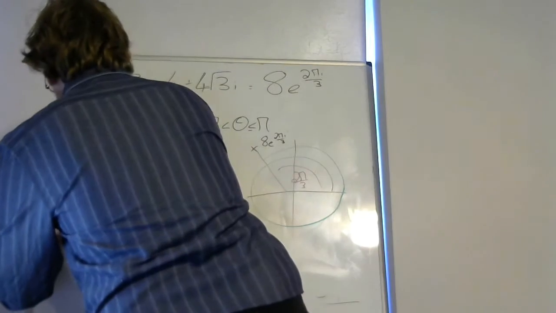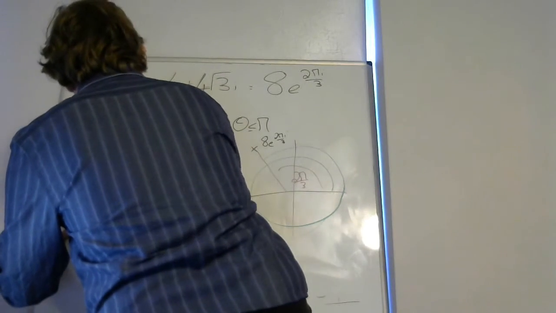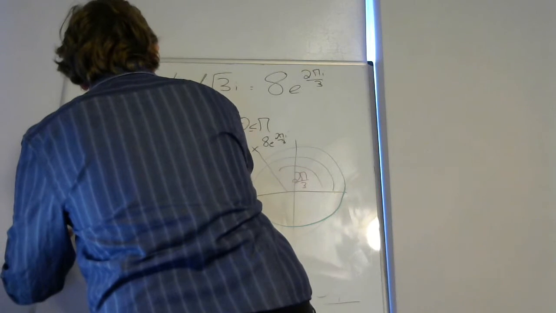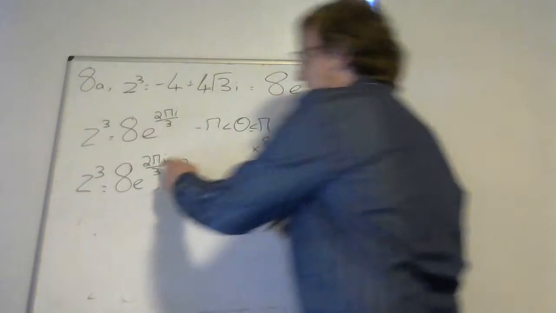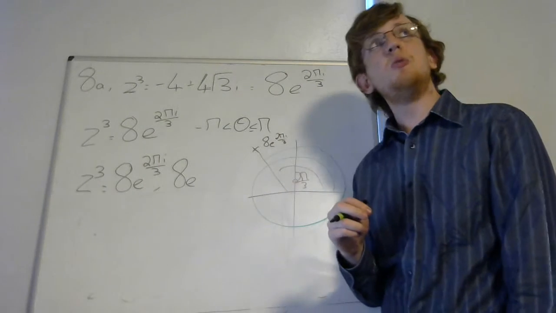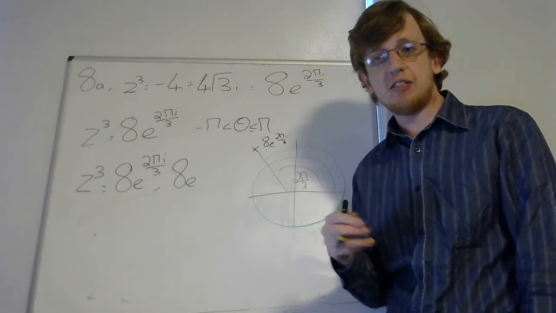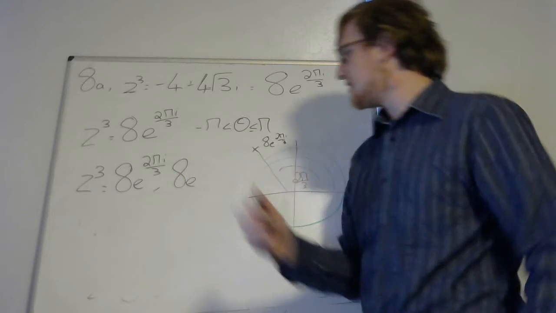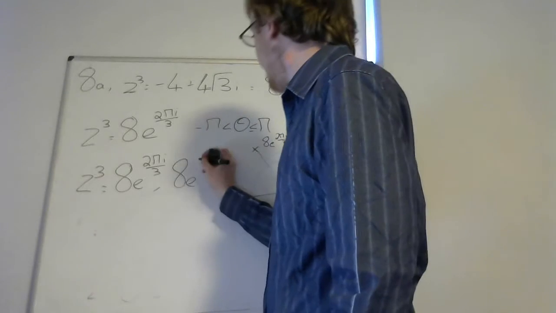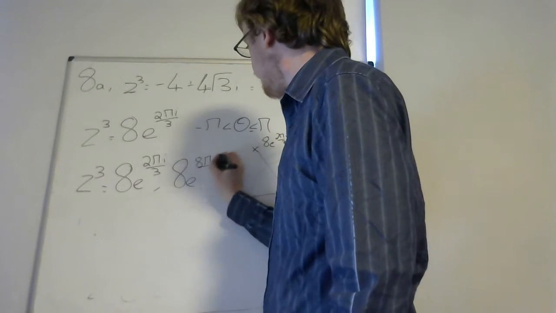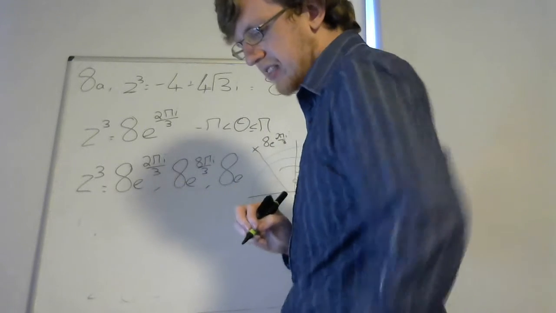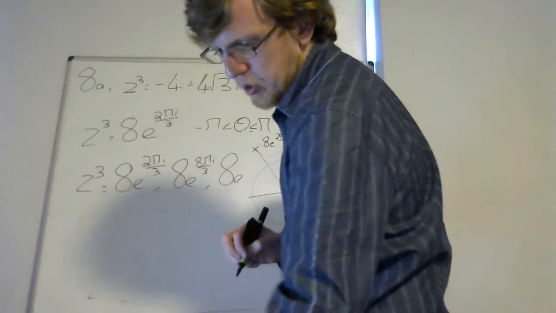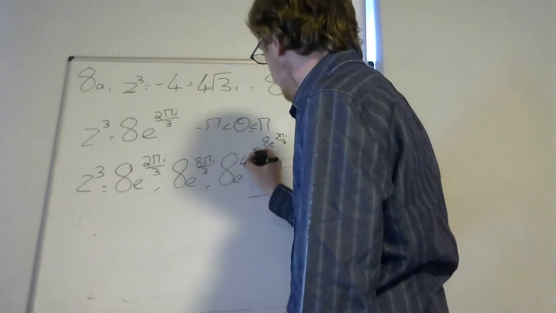So our 3 numbers then are z cubed equals 8e to the 2 pi i on 3, the original one. Then we add another 2 pi onto that, so 2 pi is 6 pi on 3. So if we add 6 pi on 3 onto that, we get 8 pi i on 3. And if we add another 6 pi onto that, we'll get 14 pi i on 3.